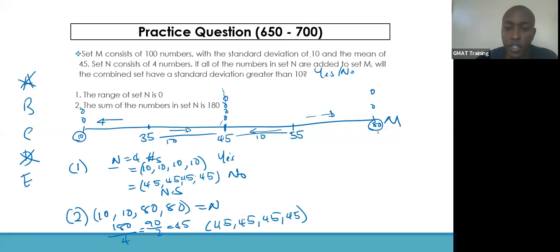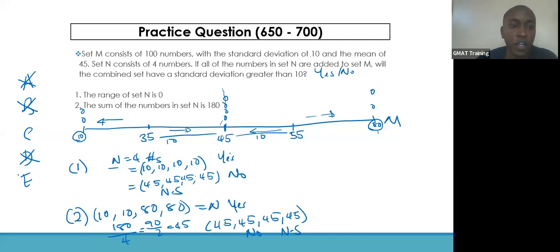Does the combined set have a standard deviation greater than 10? No, definitely no, it will minimize greatly. And for 10, 10, 80, 80, will the combined set have a standard deviation greater than 10? Yes, definitely. Therefore we have a yes and a no. This is not sufficient, because we don't have a consistent yes or consistent no, and therefore B is also out.